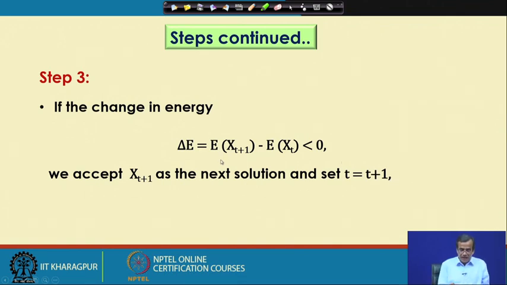So, we check whether E(X(t+1)) is less than or greater than E(X(t)). Now, this is a minimization problem, so if we find that E(X(t+1)) is less than E(X(t)), that is a better solution, and we select that X(t+1) for the next iteration.